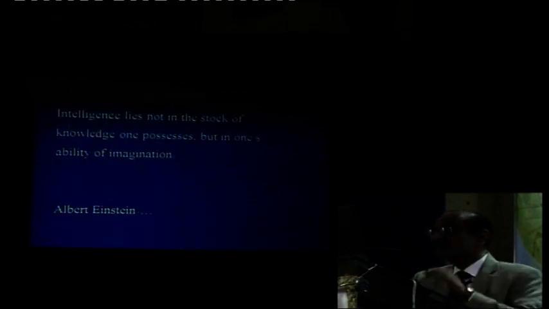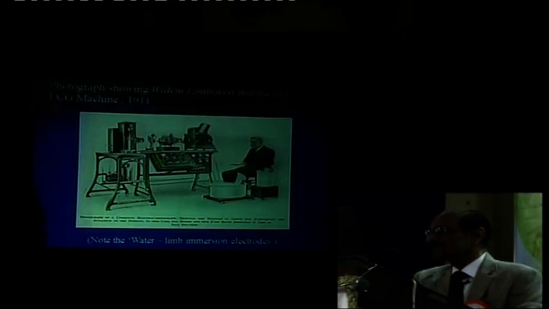Friends, as Albert Einstein said, intelligence lies not in the stock of knowledge one possesses, but in one's ability of imagination. Perfectly in keeping with this is the first ever ECG machine which was commercially available, made by William Einthoven in 1911. I would like to attract your attention to two things here. See that there are three vessels here.